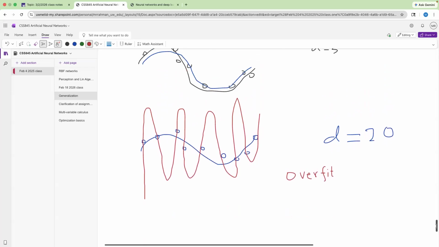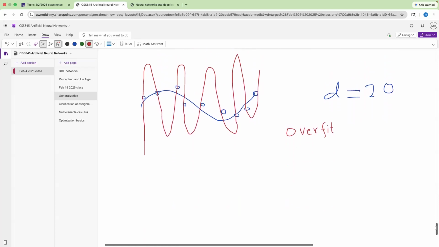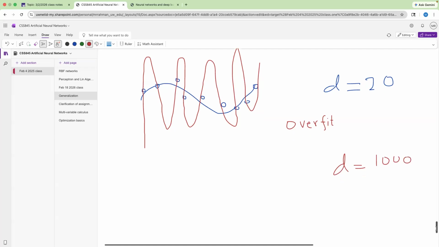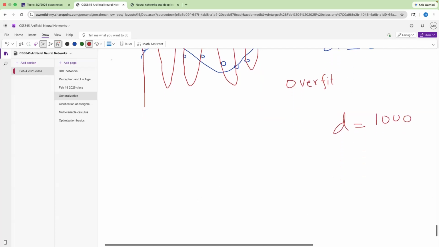Now, if I think about a modern network like a neural network, it might actually have very high dimensions. So let's see what happens when I do d equal to 1000. If you try d equal to 1000, something really surprising happens.